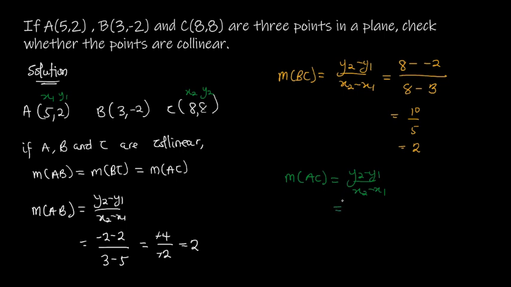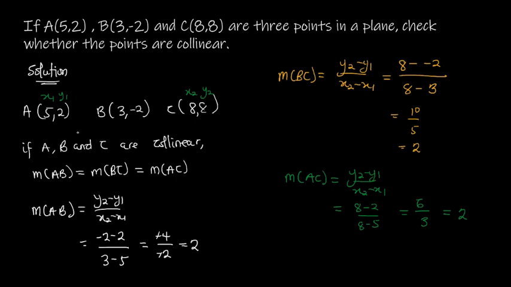So this is equal to my y2 which is 8 minus my y1 which is 2, over my x2 which is also 8, minus my x1 which is 5. So I have at the top 8 minus 2, that will give me 6, over 8 minus 5, that will give me 3, and 6 over 3 will give me 2.